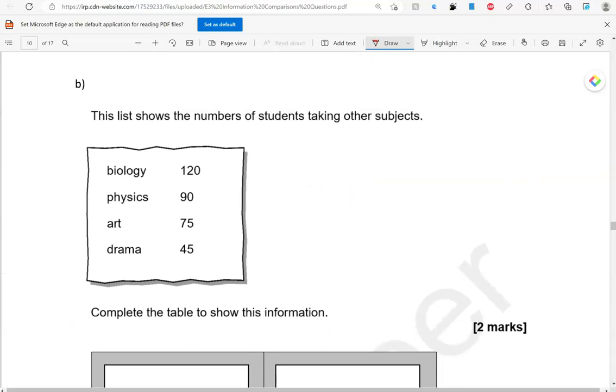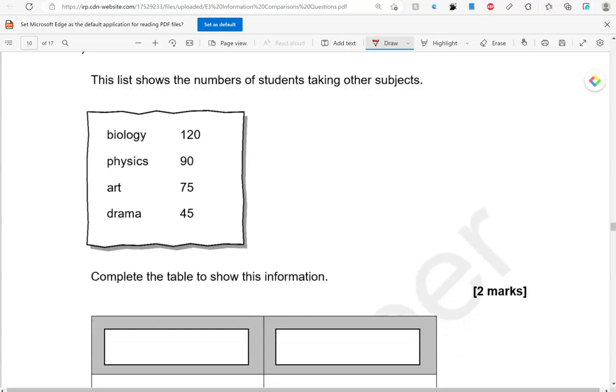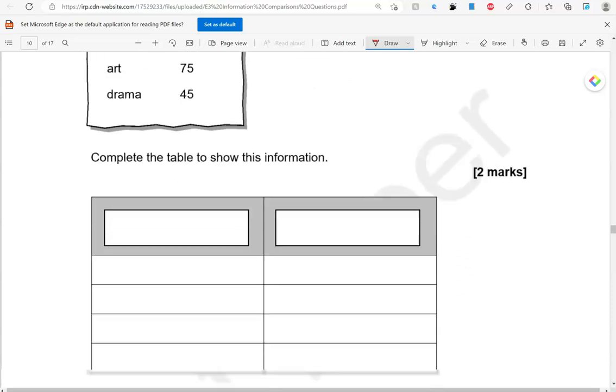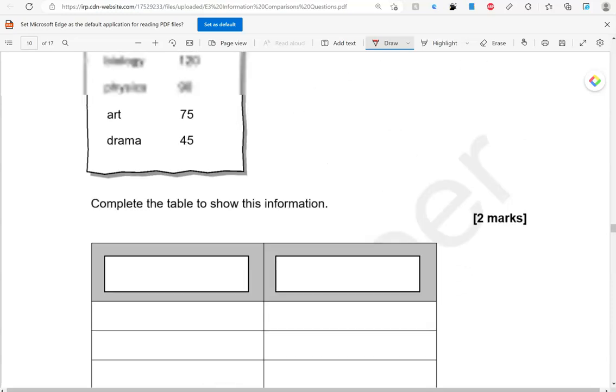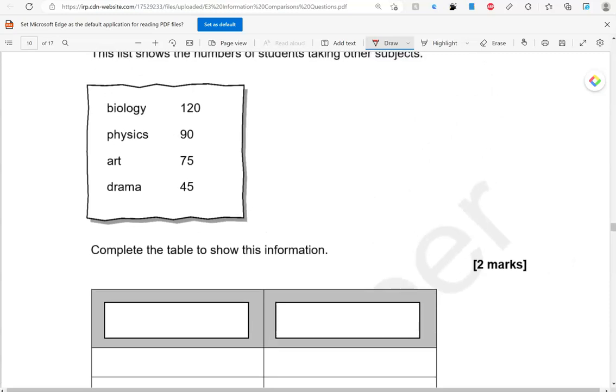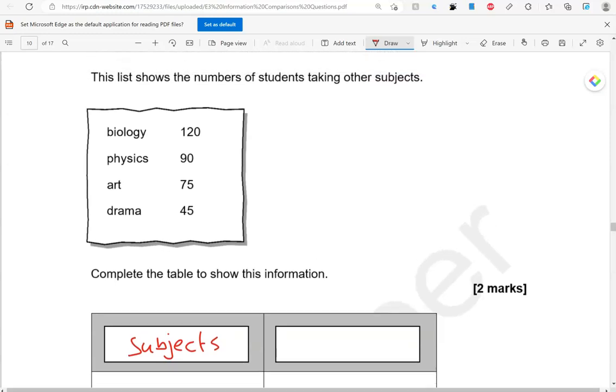This list shows the numbers of students taking other subjects. Complete the table to show this information. So we have subjects and numbers of students, or number of students.